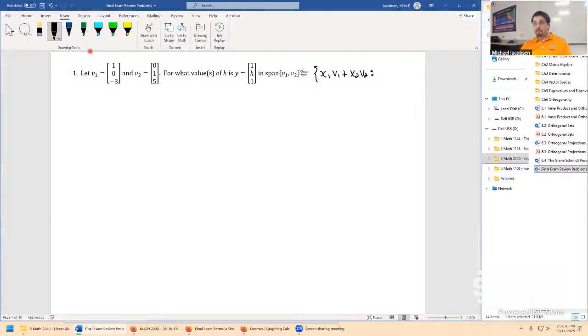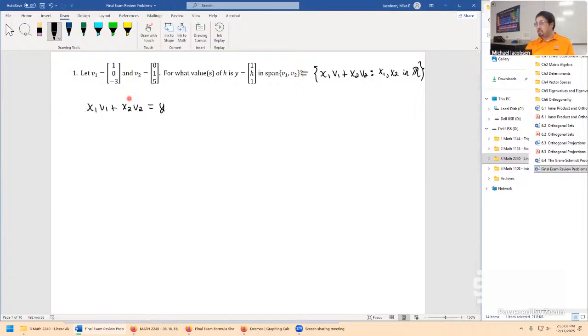So that's just a linear combination of the vectors such that x1, x2 are in R with no conditions. So now it's the set of all linear combinations. So for a vector y to be inside the span, it just means you can solve x1 v1 plus x2 v2 equals y. This is what it comes down to. Y is a linear combination of those vectors.